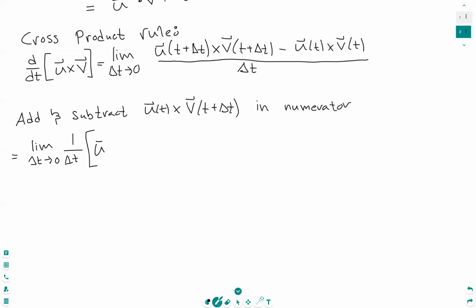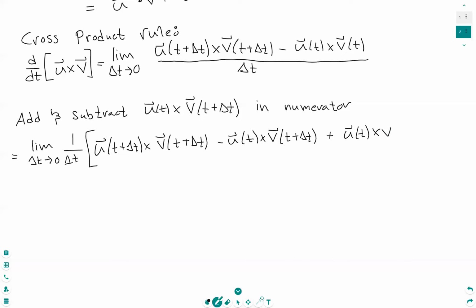So now I have u of t plus delta t crossed with v at t plus delta t, minus u of t crossed with v at t plus delta t, plus u of t crossed with v of t plus delta t, and then minus u of t crossed with v of t.